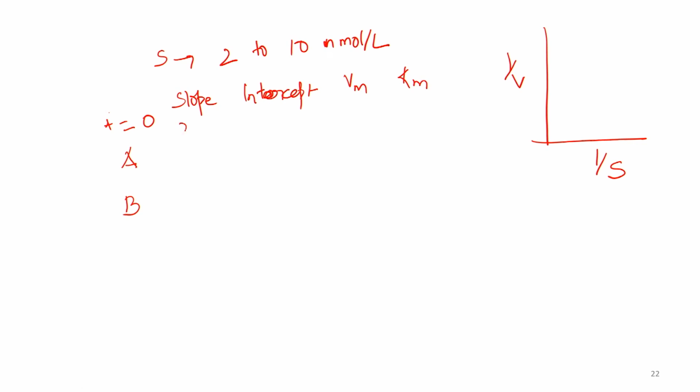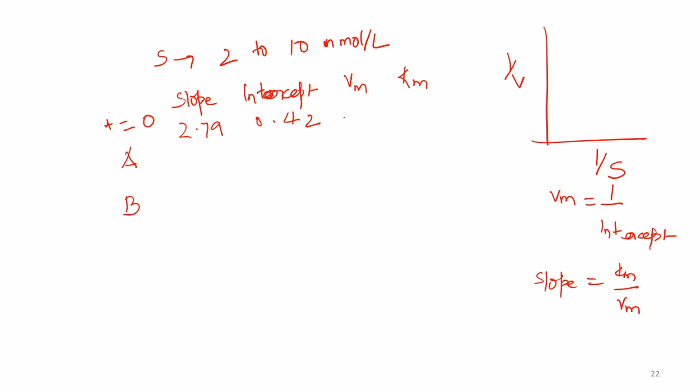The slope is 2.79, intercept is 0.42. So, Vmax is 1 upon intercept and slope is Km upon Vmax.